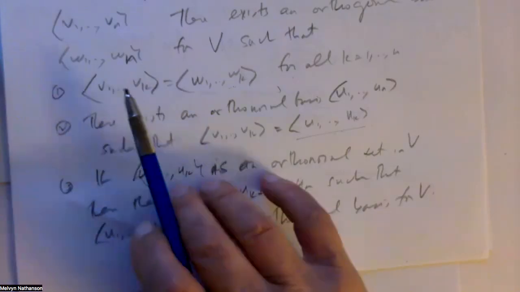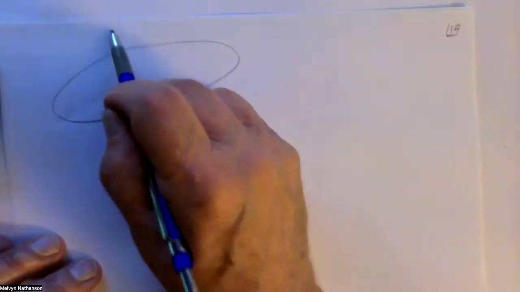But effectively, we already proved the first statement. So let's just think about this for a moment. Here we have our vector space V. We have the vector V_1.